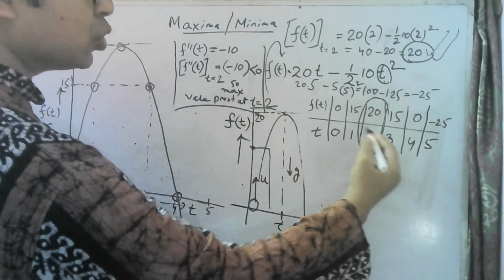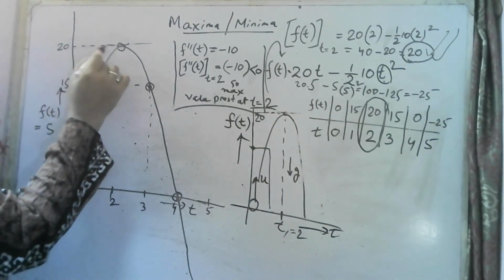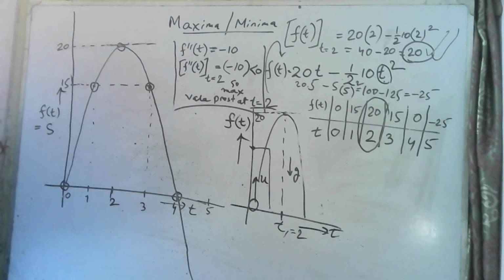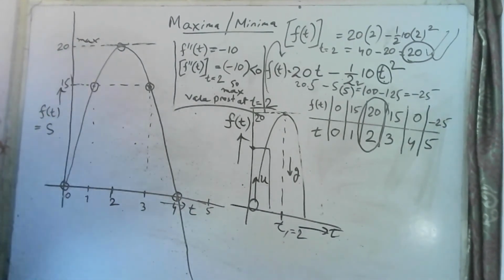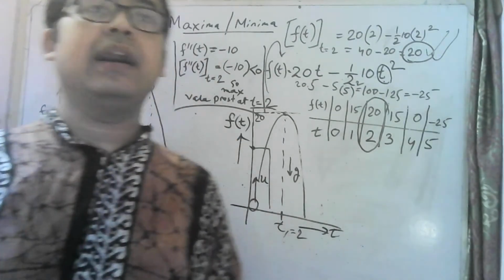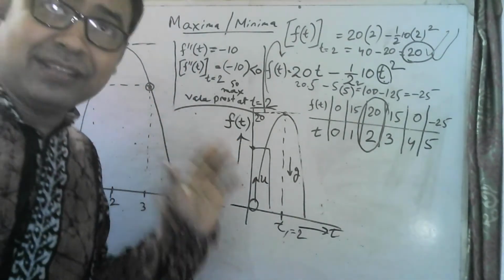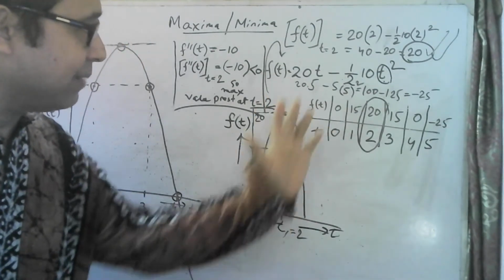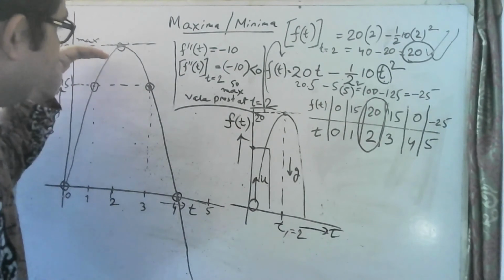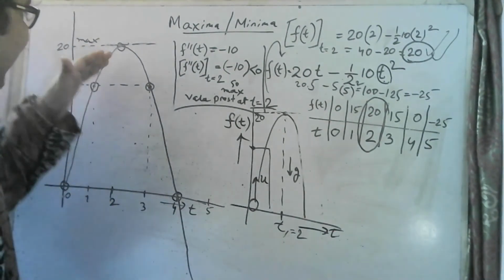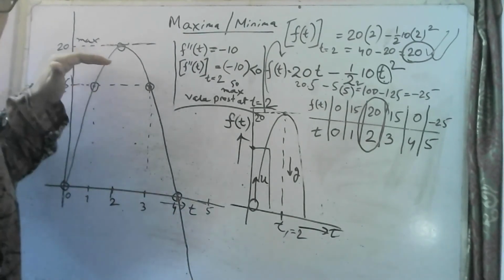Apart from these two values, no other point is crossing that 20. What I have taught here, I have represented the maximum value in graphical form. The maximum value reaches at t equal to 2 and the maximum value is 20.